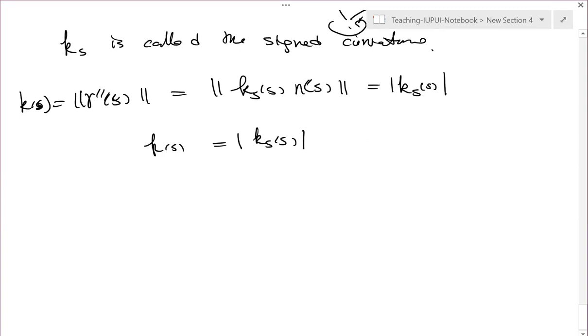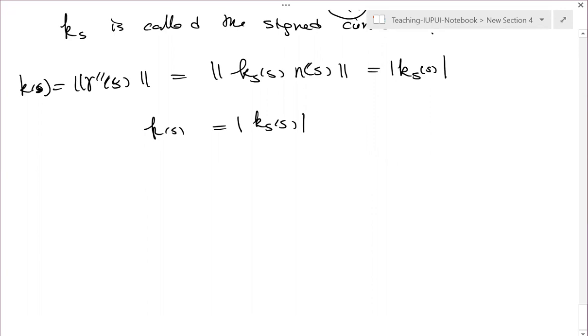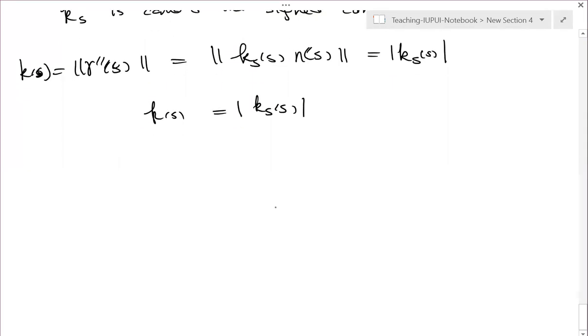All right. Now what? I'm trying to show you how to determine the curve by the sine curvature. So go back to the picture. This is gamma prime s, and this is n s.